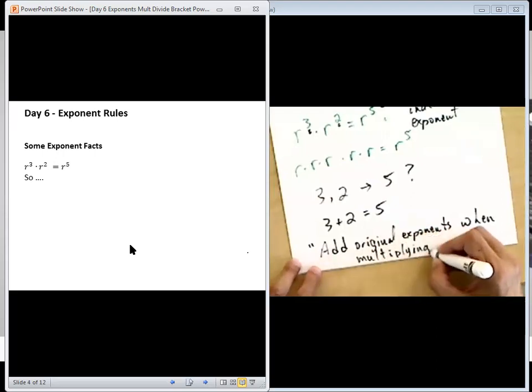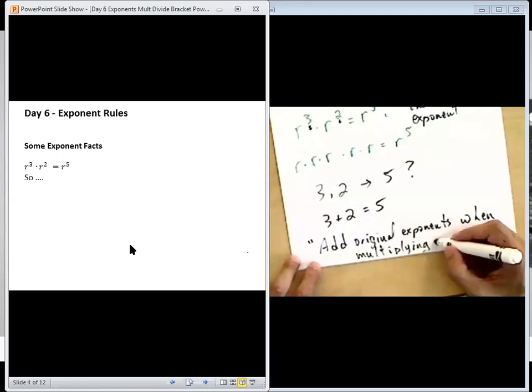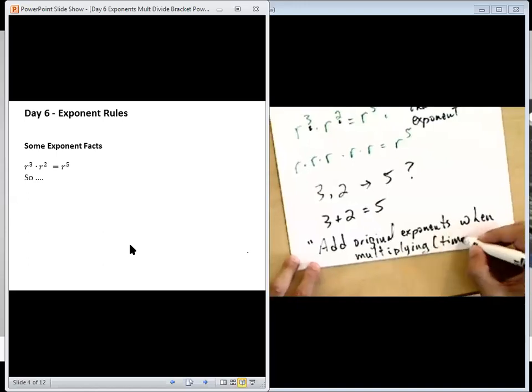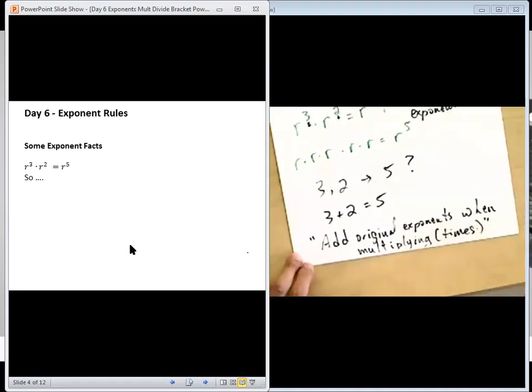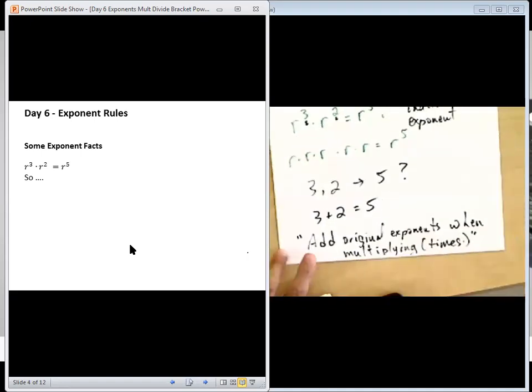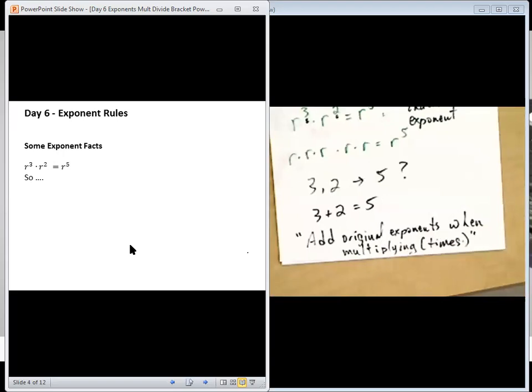Timesing isn't really a word, but people know times, right? So I'll just put it like that. Now, some special things have to be in place, or one special thing has to be in place for this to happen.